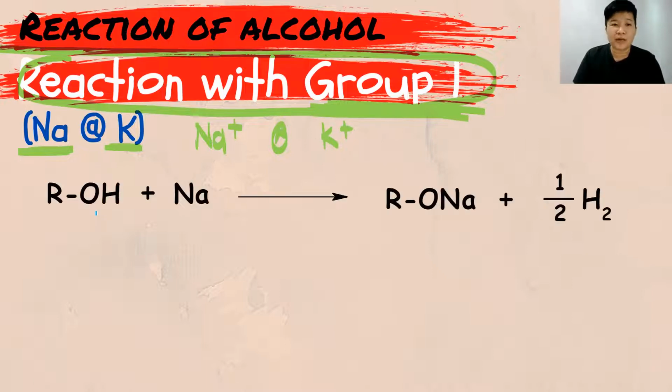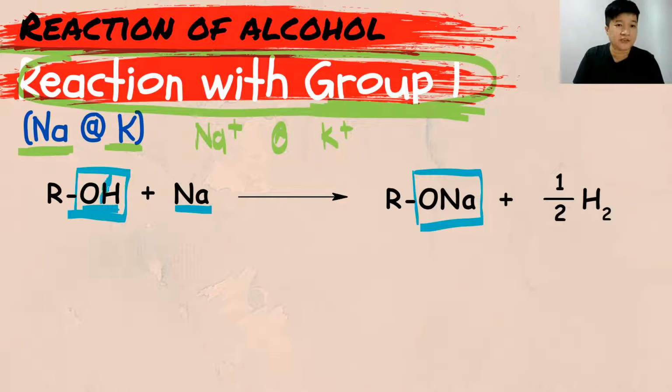And what happens when alcohol reacts with the group 1 metal? When the alcohol reacts with the group 1 metal, you realize that the change happens to the OH. If you look carefully, the hydrogen is replaced by the Na, the sodium metal. So you have your alcohol, your O and the H, and we know that the O is an O minus, the H is an H plus.